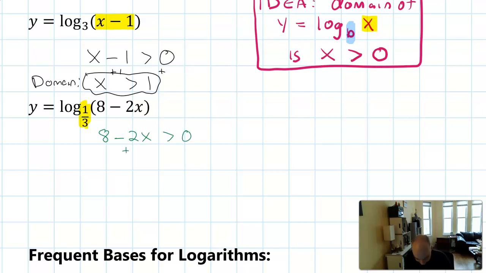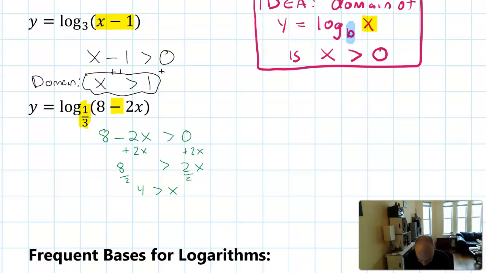So to solve this one, let's add 2x to both sides. So we get 8 is greater than 2x. So dividing by 2, 4 is greater than x. Or x is less than 4. And this is kind of a weird one. If you think about a transformation, this negative on the x is actually reflecting the graph of log, which I know we don't know technically yet.